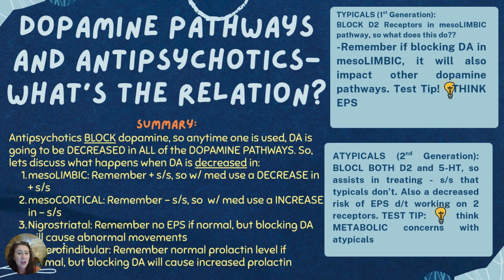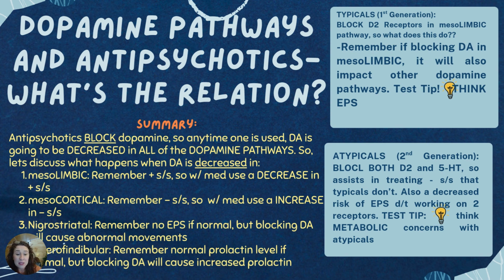Because remember I said the mesocortical area already has a decrease in dopamine in schizophrenia, which is causing the negative signs and symptoms. We don't want to hit that any further than we have to, and the typicals are going to hit it and decrease that dopamine further. Our atypicals don't hit that as much because they also work on serotonin, not just D2.